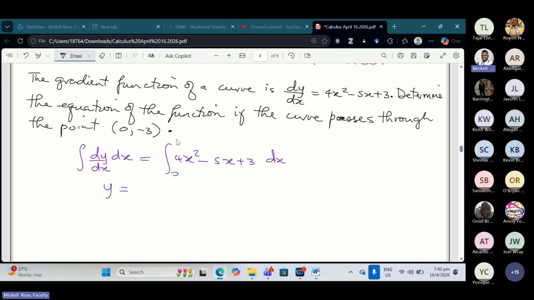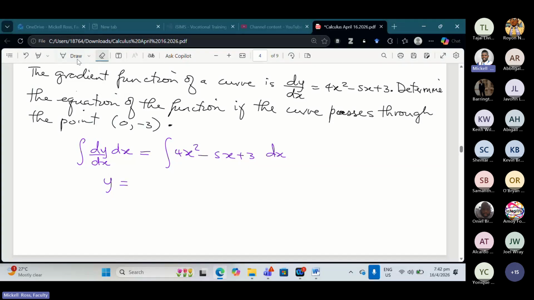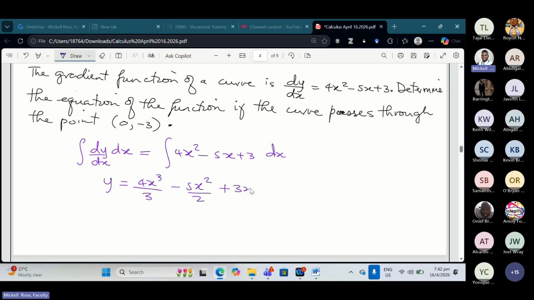So you're not going from 0 to -3 or from -3 to 0. No, nothing like that. These are just the coordinates of a point that is on this curve. So they don't represent the limits. So when we integrate this side, we're going to get 4x cubed over 3 minus 5x squared over 2 plus 3x plus c.